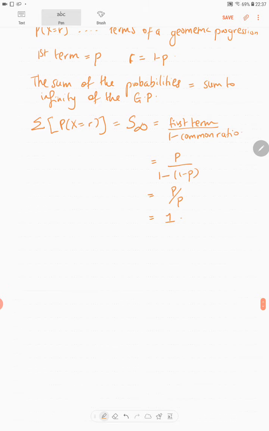So the sum of the probabilities in a geometric probability distribution is equal to 1. And again, this confirms the fact that it is a discrete random variable.